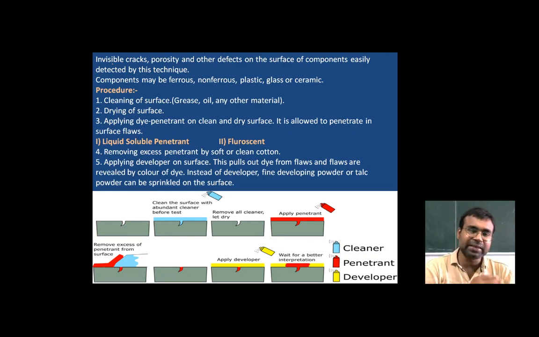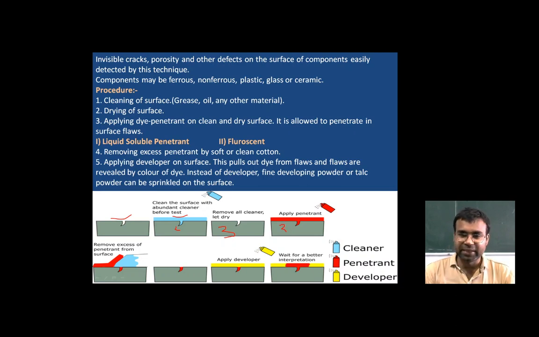And when the cleaning is done, as you can see in these figures, the first figure is the raw surface, and then we apply some kind of cleaner in the second. After the second, in the third process we remove all the cleaner and let it dry.